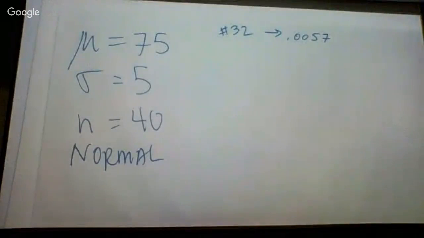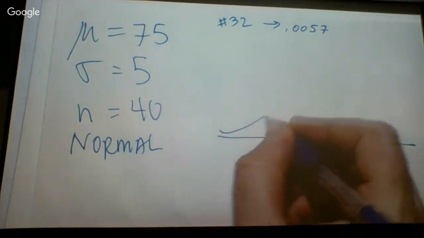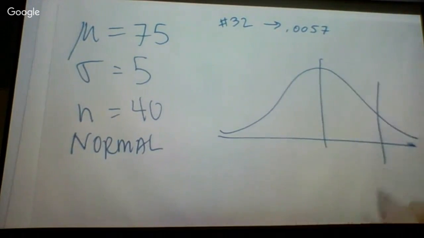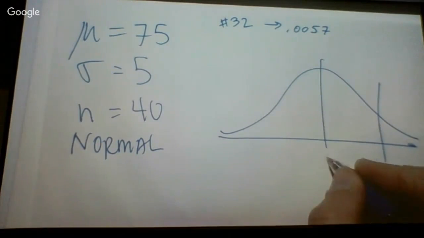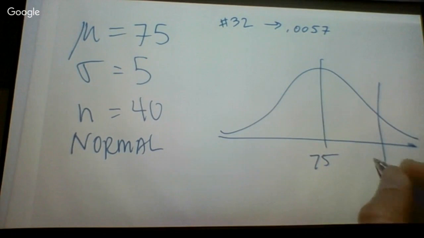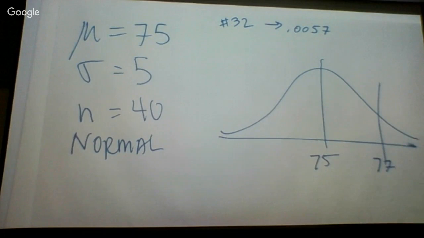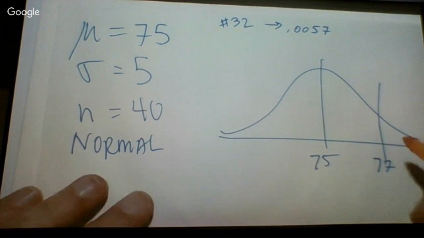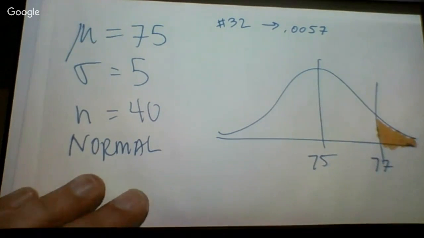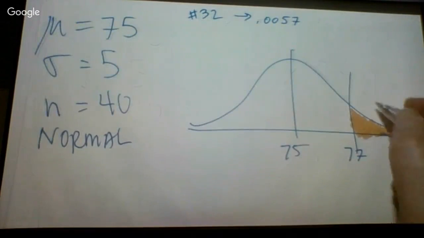For us, we have a normal distribution with a mean of 75, an observed value of 77, and we want to know the probability that x is greater than 77.